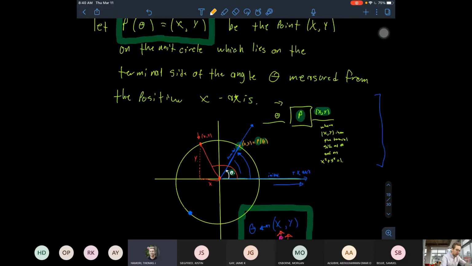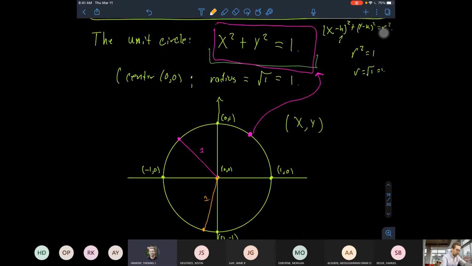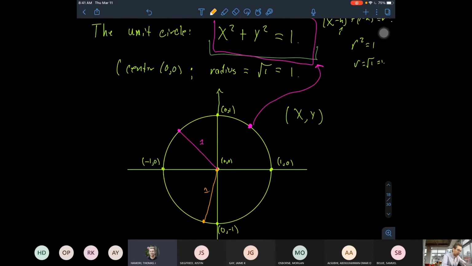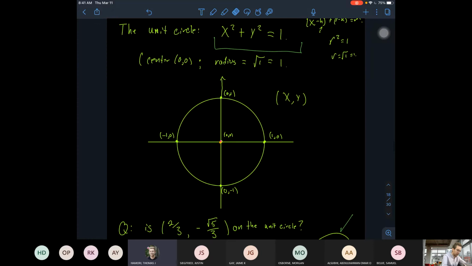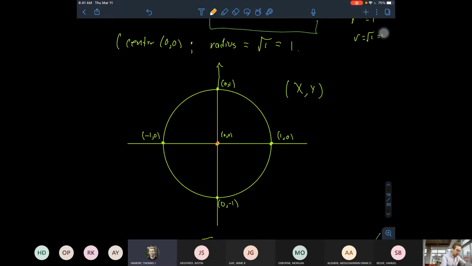So here is how we're going to think about trigonometric functions. And this is the sort of intuitive understanding of the trigonometric system. Okay?